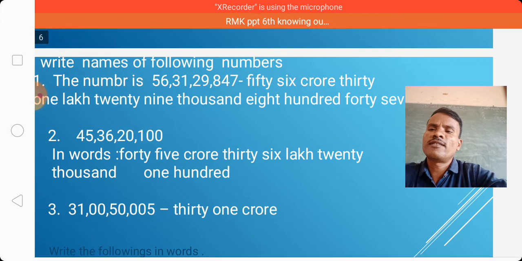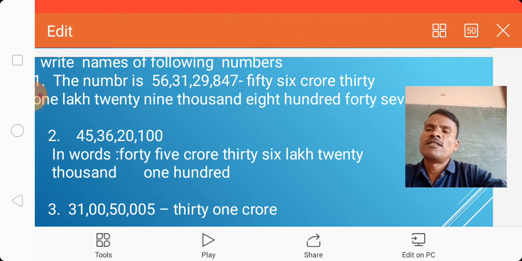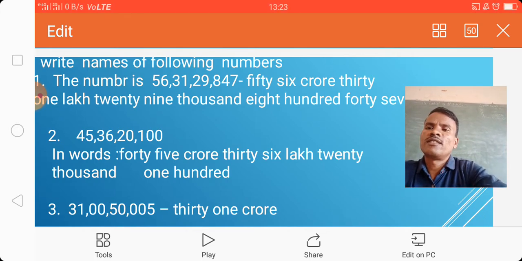First example: the number is 56 crore 31 lakh 29,847. We have to write this number in words, or write names. They can ask to write names of numbers. Both are the same. Next, come to the answer.